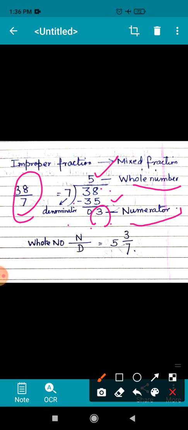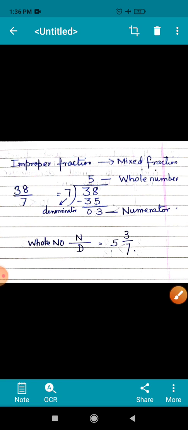So, how can we write this as a mixed fraction? 5 whole 3 by 7. Children, hope you all have understood this method of converting an improper fraction into a mixed fraction.